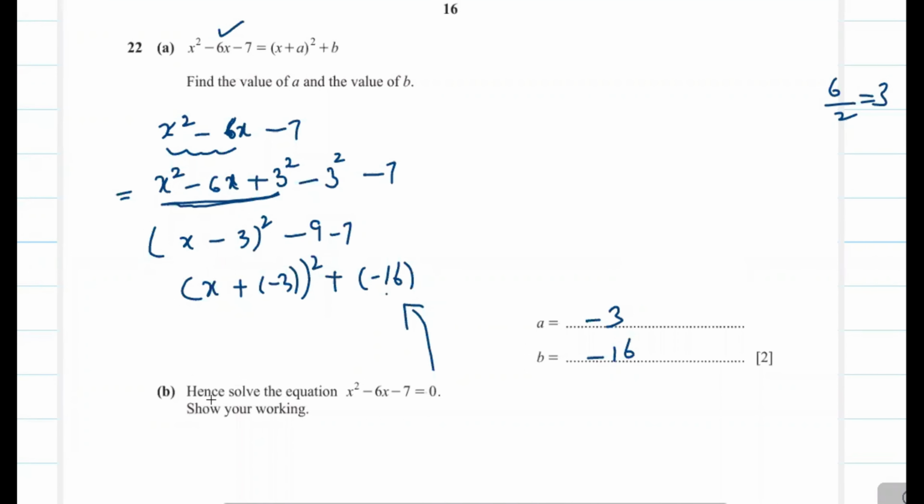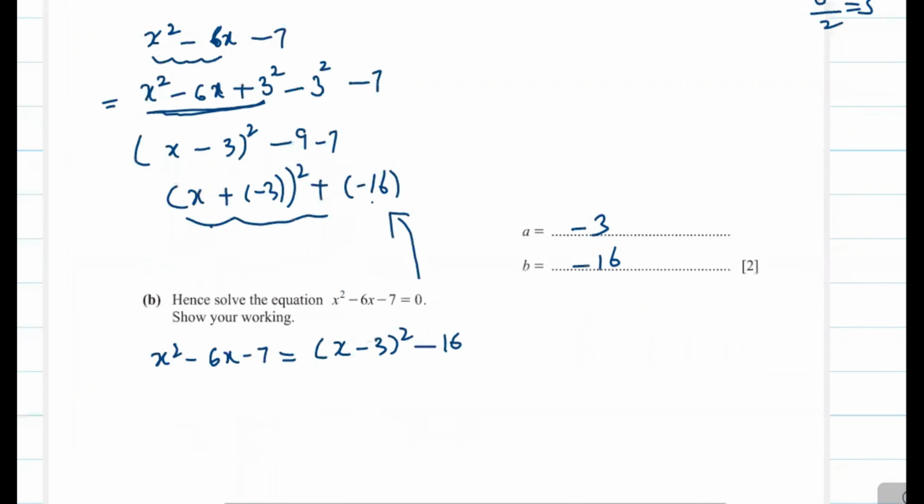Question 22 part B, solve the equation x square minus 6x minus 7 equal to 0. You see here x square minus 6x minus 7 can be written as (x minus 3) whole square minus 16. We already proved this above.